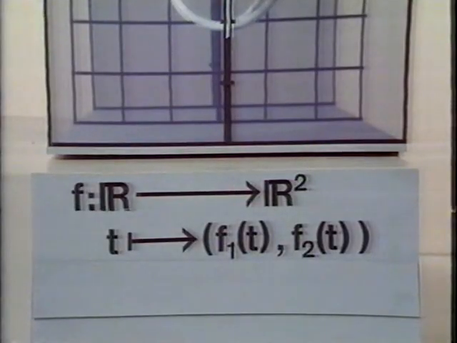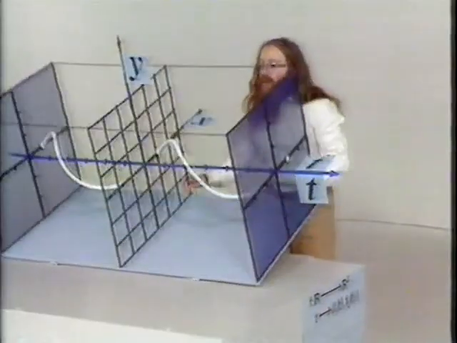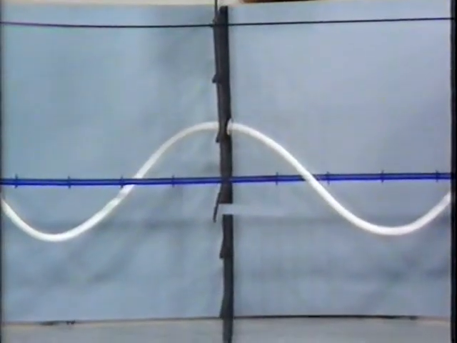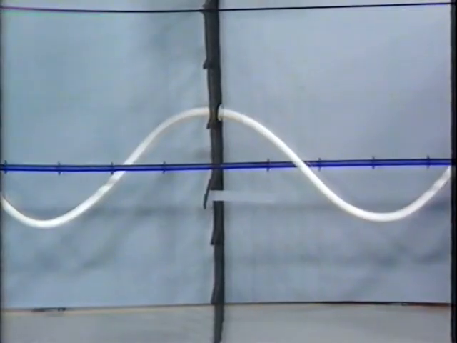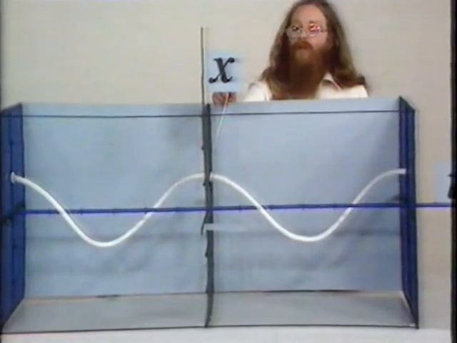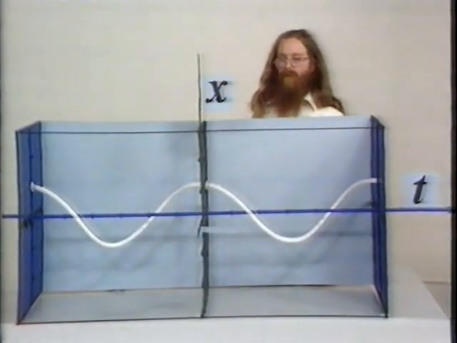Let's look at their graphs. We know that to see the graph of f1, we have to look straight down the tx plane, like this. And we get a curve that looks something like a cosine or a sine curve. But notice that when t equals 0, the height is 1. So it looks more like a cosine curve.